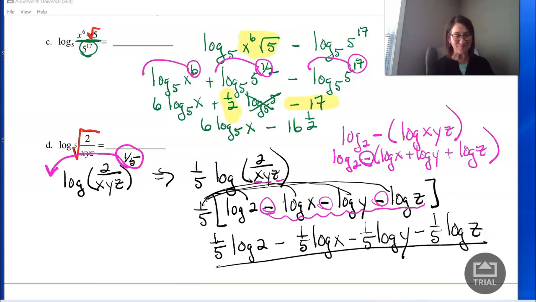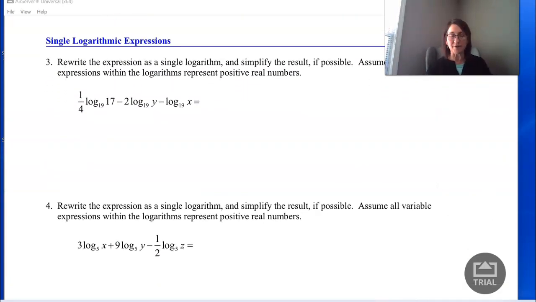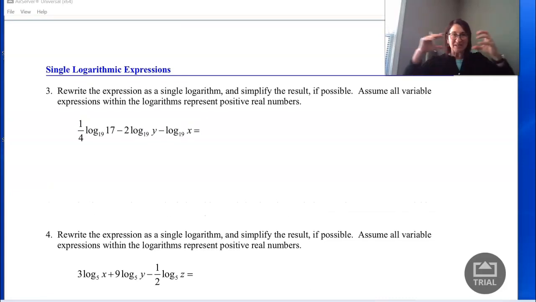That one was fun. Okay, now we're going to go the other direction. We're going to start with it in expanded form and shrink it down to a single log. Most people find this pretty intuitive. So we're going to work backwards.